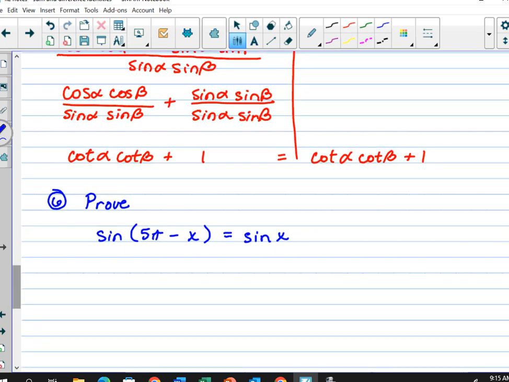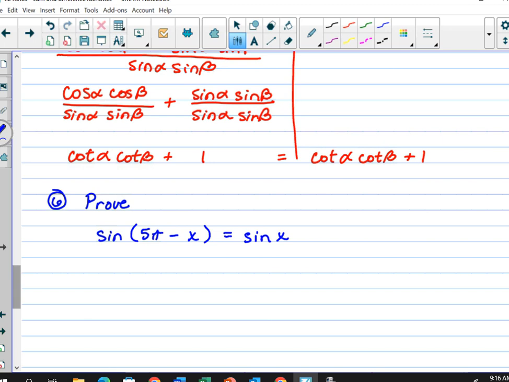All right, try this one, guys. Sine of 5 pi minus x equals sine of x. You're going to work on the left. Give it a try.